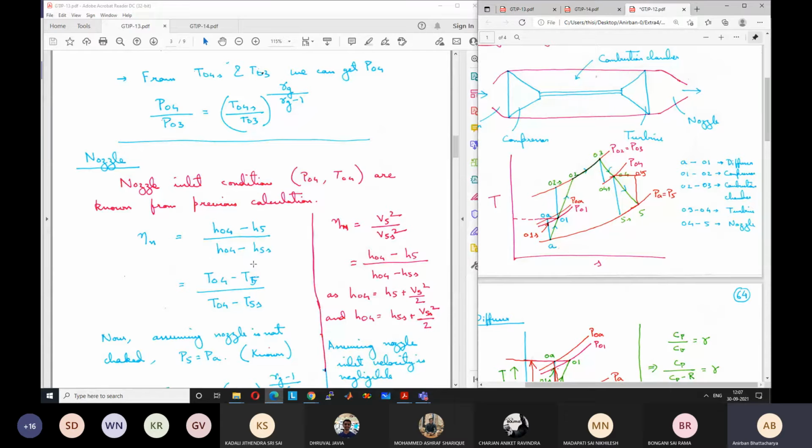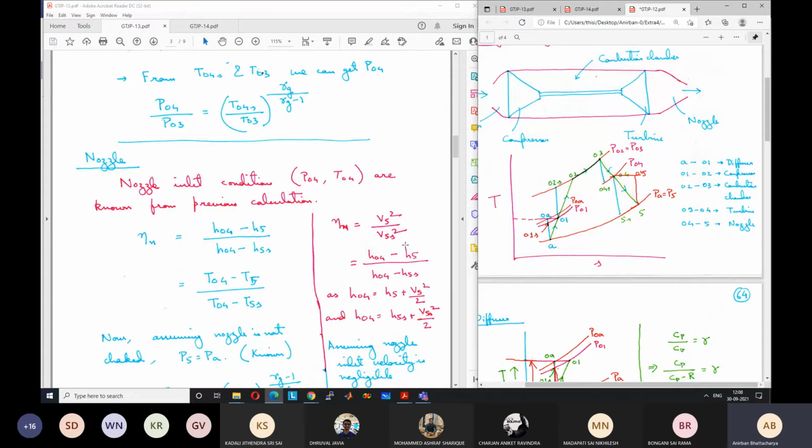The numerator is equal to half V5 square, and the denominator is equal to half V5s square. V5 is the actual exit velocity, and V5s is the ideal velocity, the velocity which we should have obtained if there was no frictional loss.